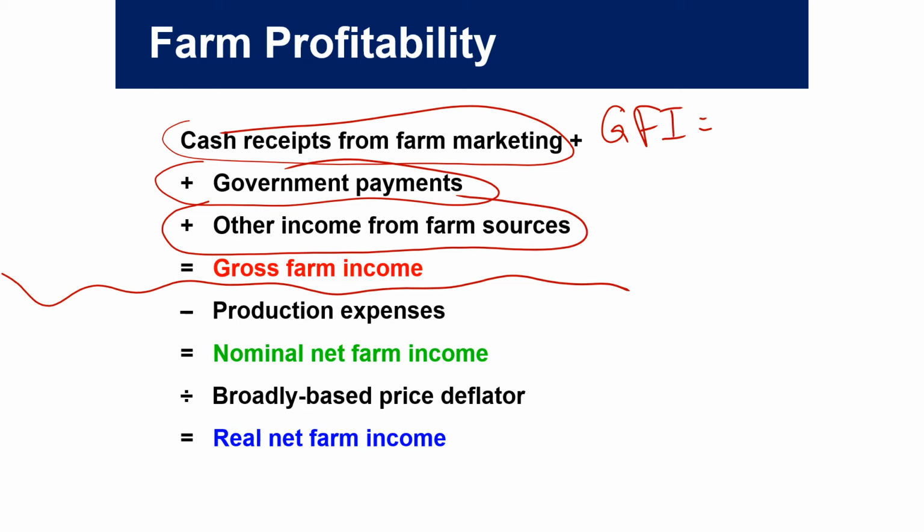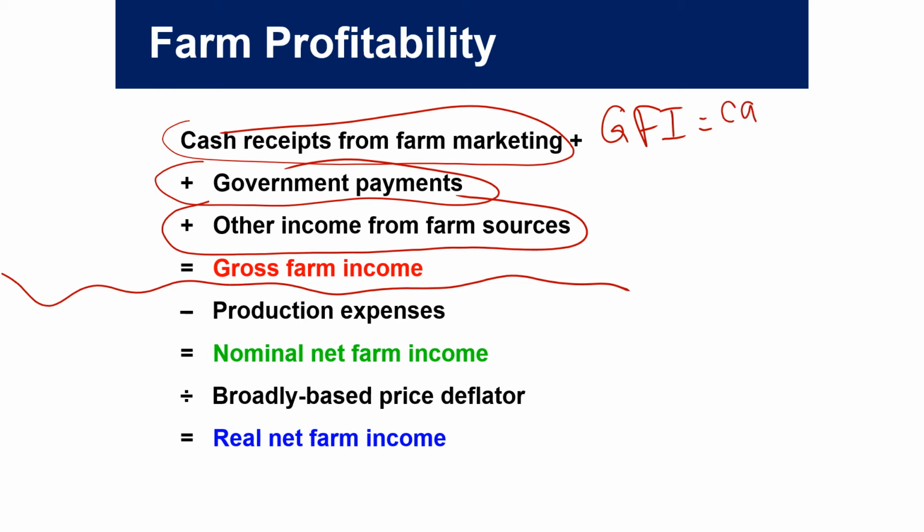In the instance of a grain farm, cash receipts means cash that is given to you after you sell your products. So that's farm marketing, selling your grain. If it's a grain and beef farm, it would be cash receipts from selling the corn and the beef calves, if it's a calving operation.